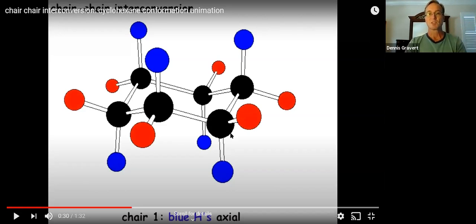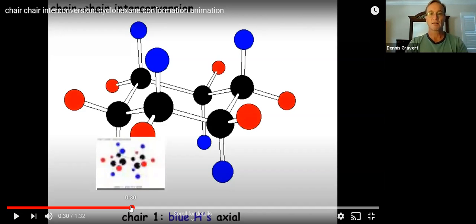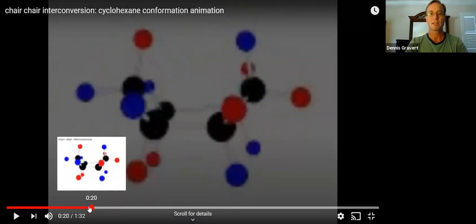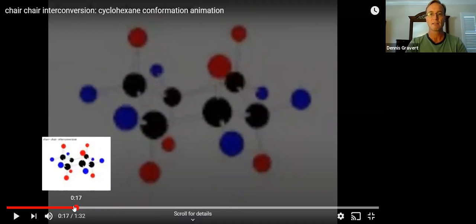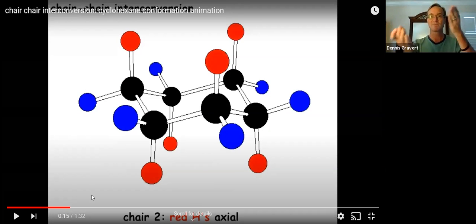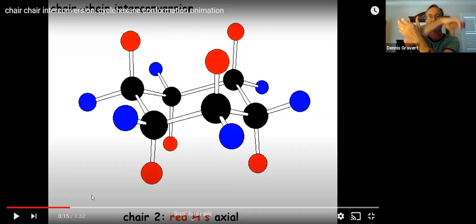Textbooks will say the conversion between one chair and the other chair is called the chair flip. That's a bad name. I always think of something going 180 degrees, a molecule that's frozen in place and you just spin it 180. Sounds like a flip to me. This isn't a flip. This is a chair wiggle.